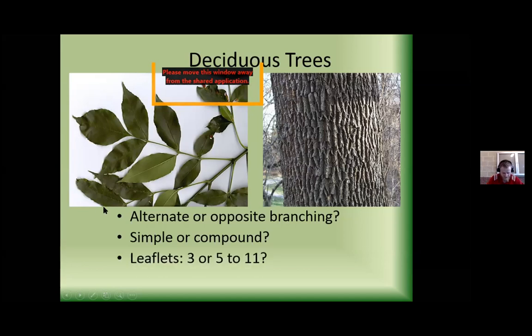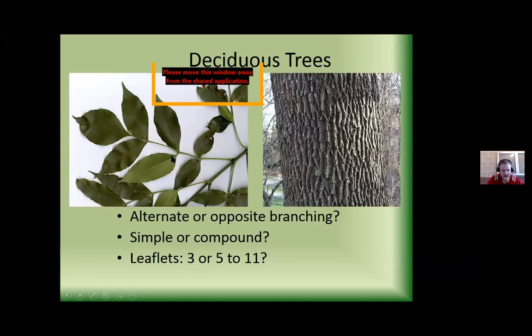Then from that point, we get to question number 3, which is 3 leaflets or 5 to 11. We've got 5 to 11, and that puts us into our ash box. So it's one of the 3 ash species that we've got in the state of Wisconsin. The next thing we're going to look at is the number of leaflets. We've got 7 on this one. Then again, we're looking at this petiole.